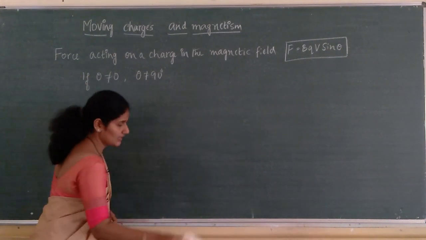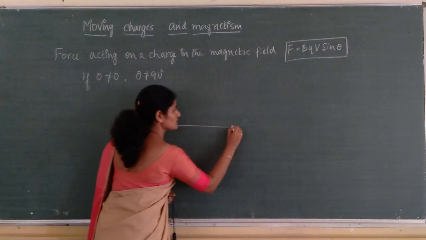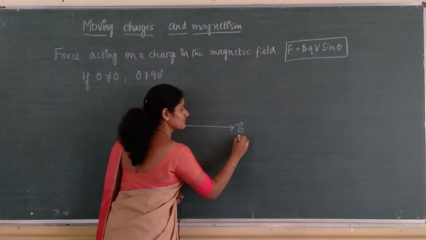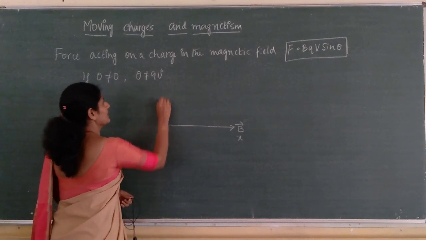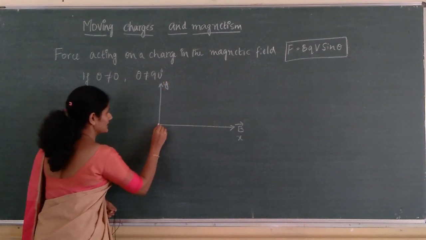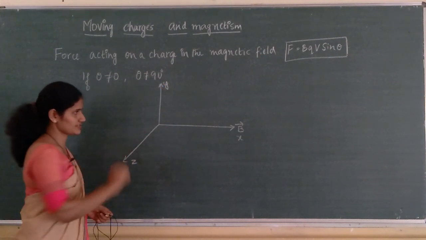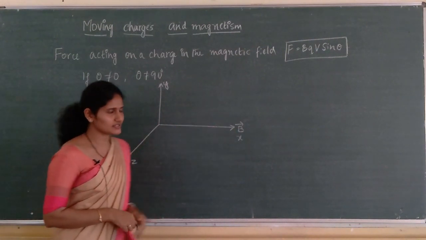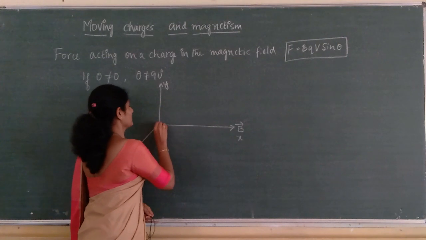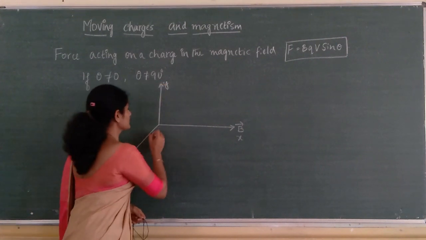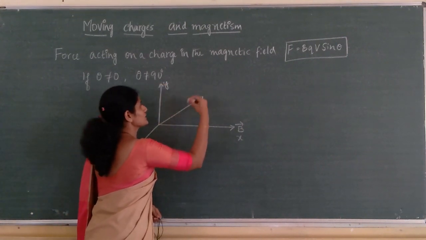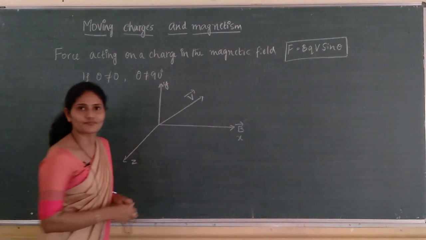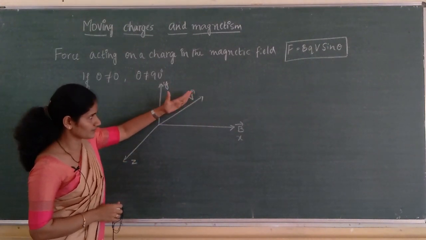So I will draw here. This is the magnetic field, this is the x-axis, this is the y-axis, and this is the z-axis. So the magnetic field is along the x-axis. The direction of velocity is like this.